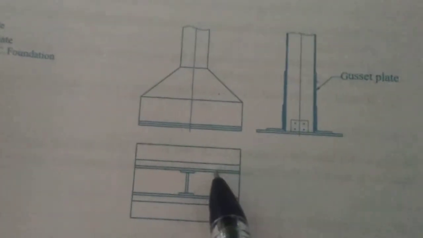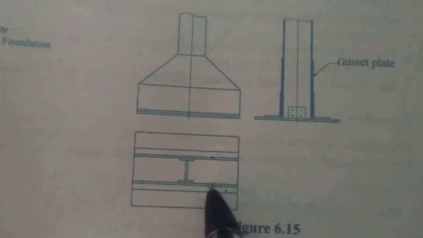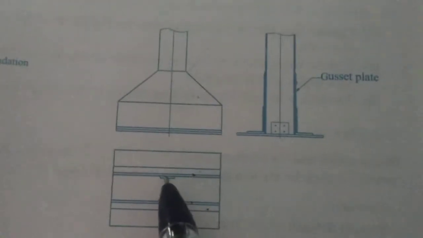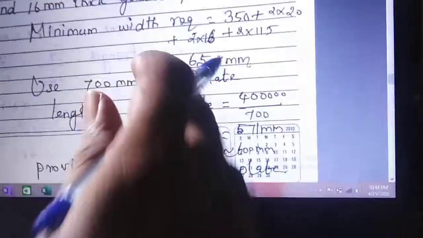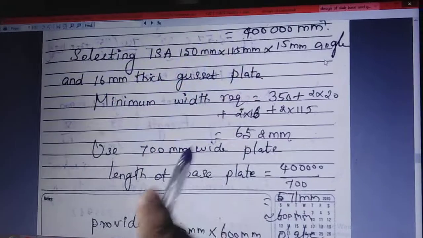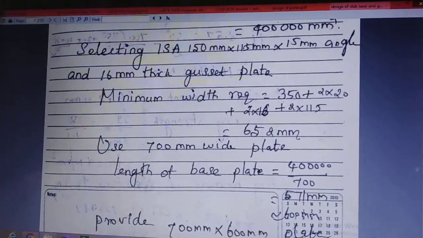Two gusset plates, two angles, and in the column itself two plates are there. Adding these things, the minimum width required is 652 mm. We assumed 700 mm.